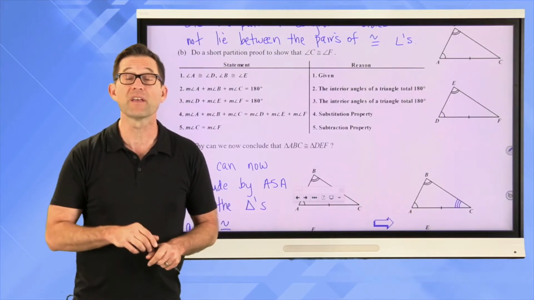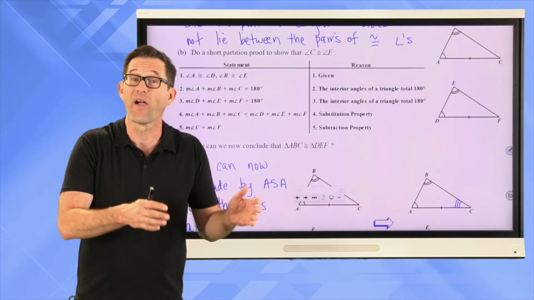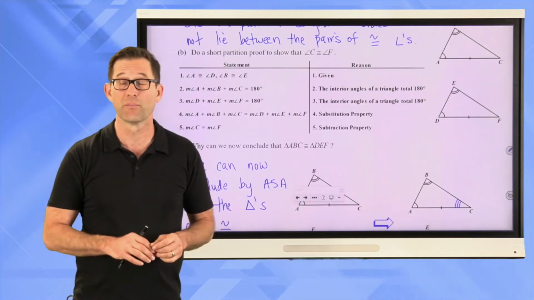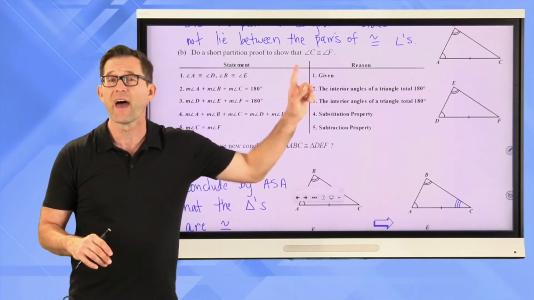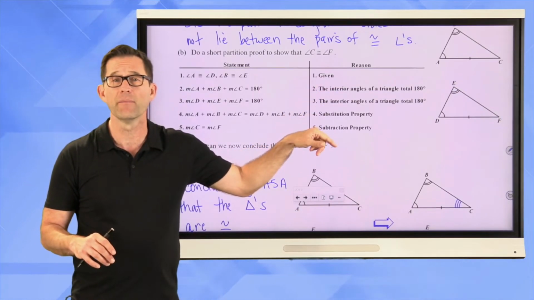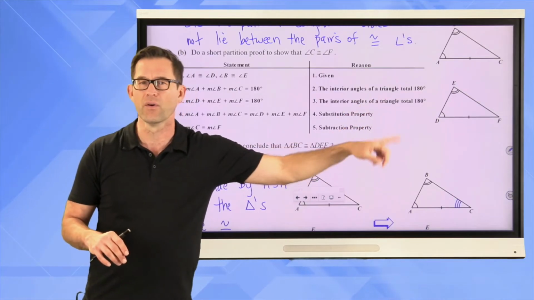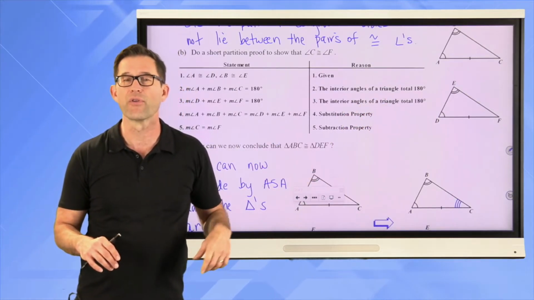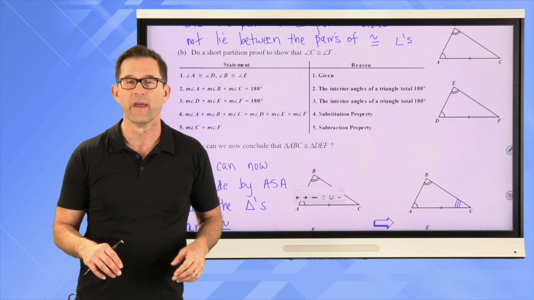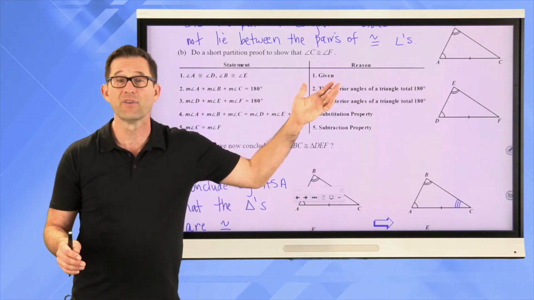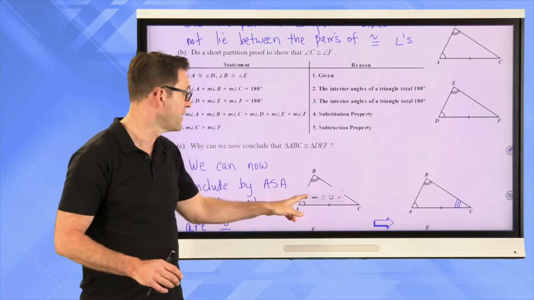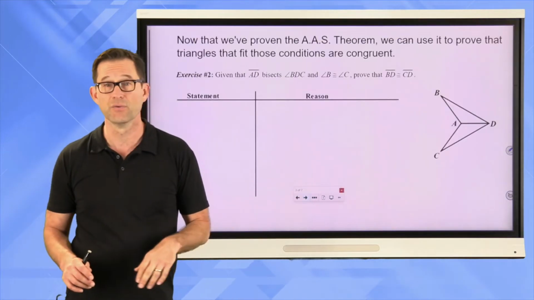But that's great because now I can use angle, angle, side to prove that two triangles are congruent, and I don't have to go through every time and prove that the third angle pair is also congruent and use ASA. Now that I've done it, I can use angle, angle, side anytime it makes sense to do so.